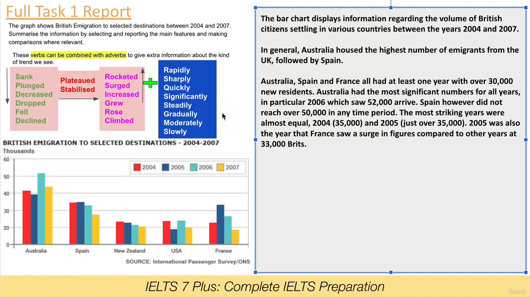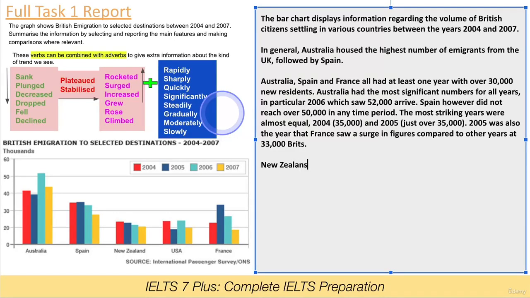Now we can talk about our next group, which is New Zealand and the USA, and the fact that they remain under 30,000. So New Zealand, let's do a capital letter here.